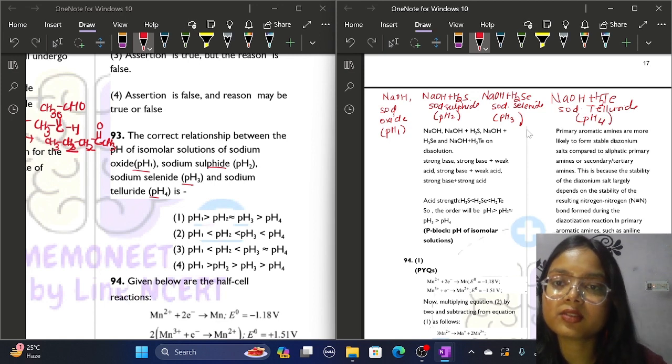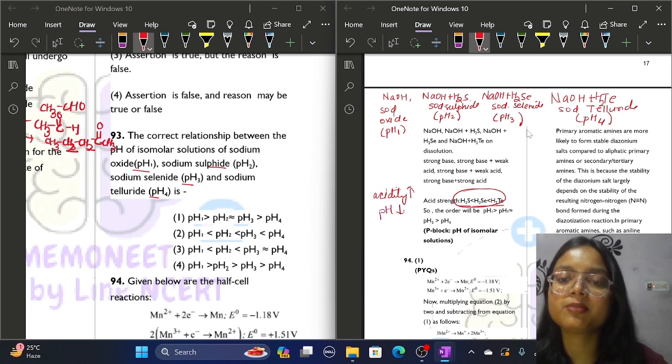So what will be the acidic strength? H2S will have the least acidic strength, then H2Te, then H2Se, then this will be the acidic strength. So what will be the order of pH? We know that as the acidity increases, the pH value decreases, or it is inversely proportional.